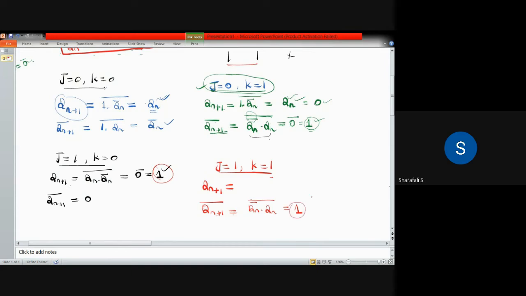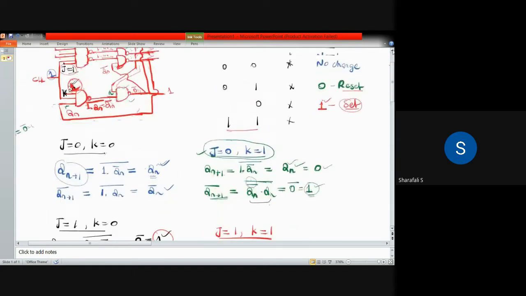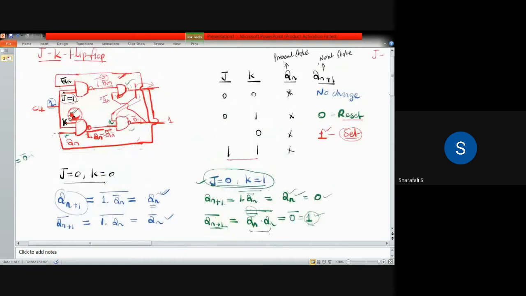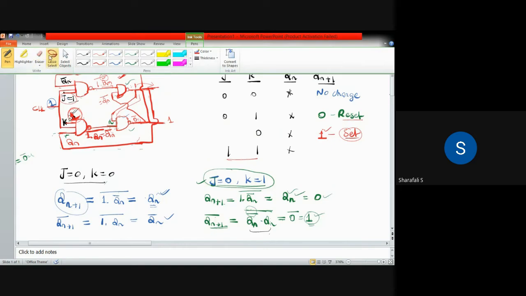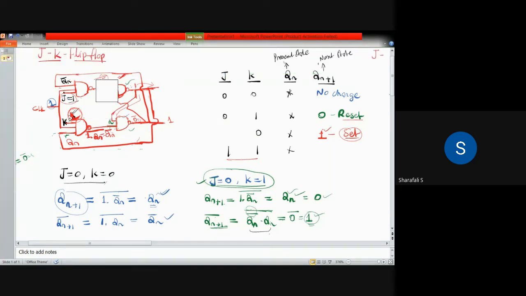Once this one is 1, I have to take that as output to this. So here I am having 1. Here I am having 1 dot Qn bar full bar. That will give me Qn itself, because I had to take Qn double bar. So Qn into 1 whole bar will come as output here.